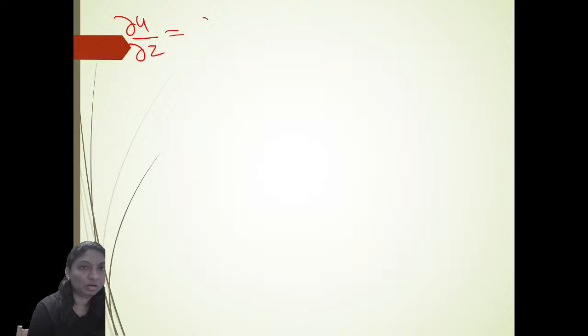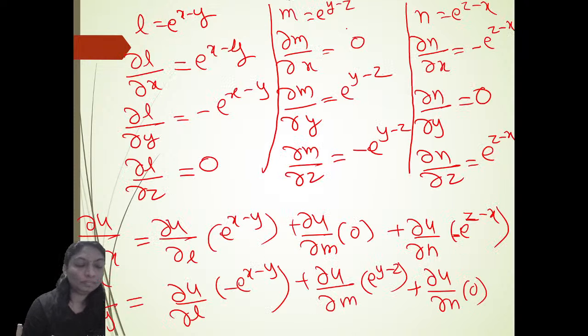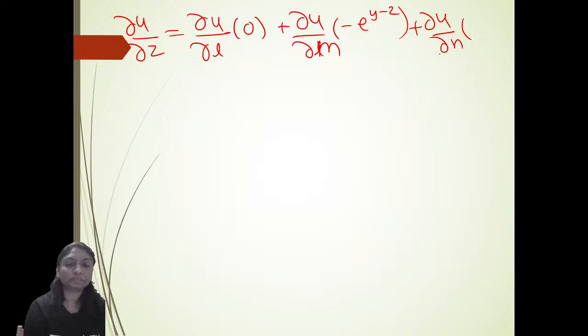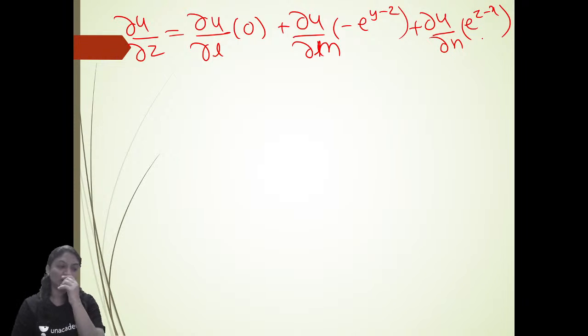And ∂u/∂z is equal to ∂u/∂l into 0, plus ∂u/∂m into minus e raised to y minus z, plus ∂u/∂n into e raised to z minus x. So this is your ∂u/∂z.